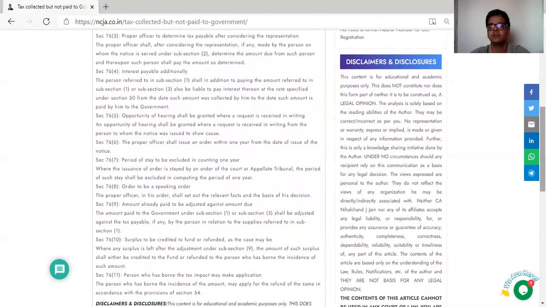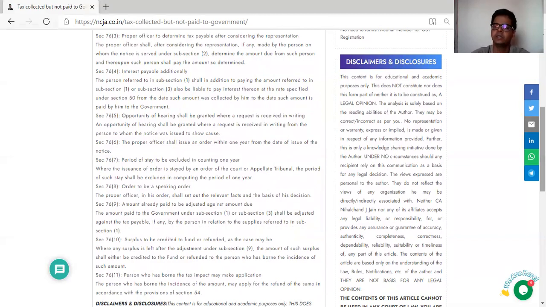What happens if I have paid 1100 rupees or 1200 rupees? In that case, the surplus may be credited to the fund or it may be refunded back to me, depending upon the matter of the case.